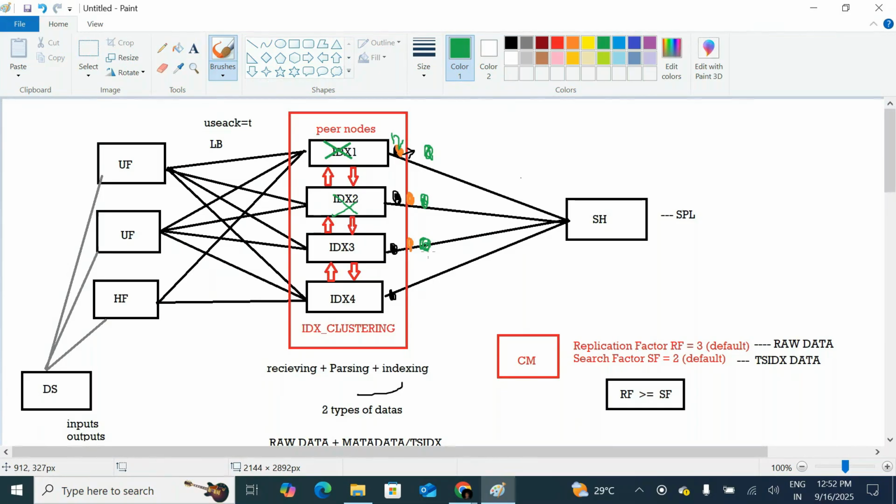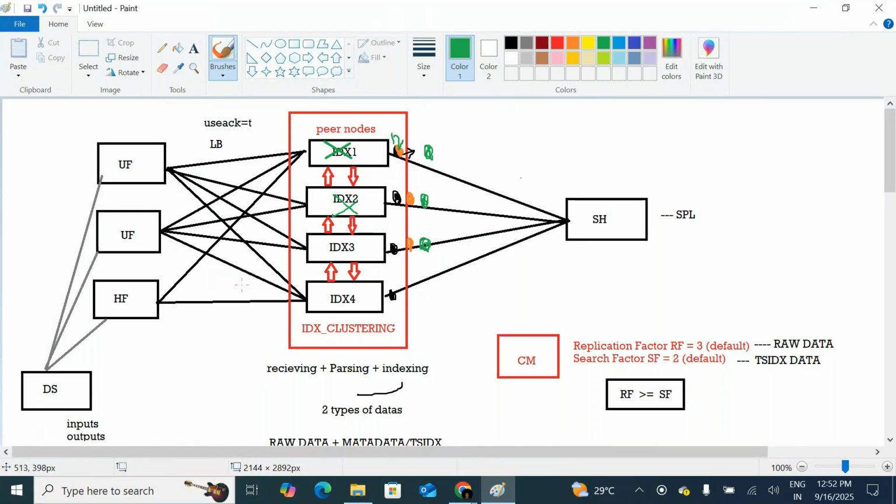From that it will create one more searchable copy. Once you have a failure, the cluster needs to maintain two copies, so immediately the extra copy will be created. Once the first indexer failed, immediately one more copy was created. Why? Because the cluster needs to maintain two copies.